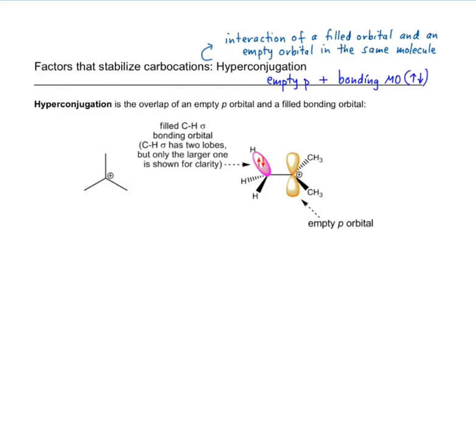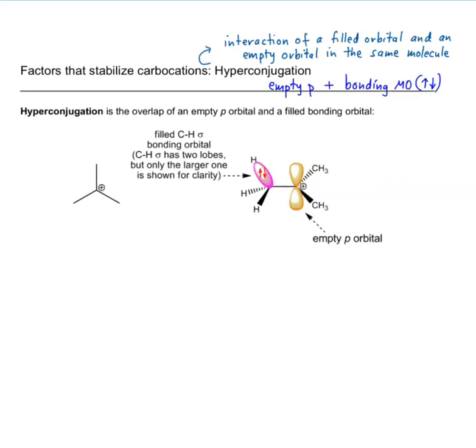Okay, so let's look at where all of that stuff is going to show up. So here's an example of a carbocation. Now, as it's drawn on the left, it's in the plane of the paper, or the board, or the screen. We'll just say paper.